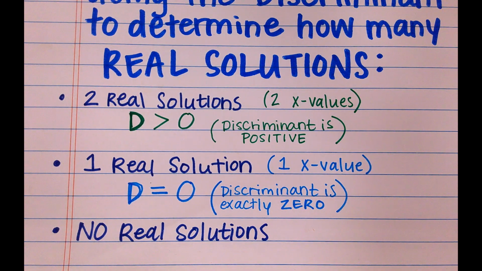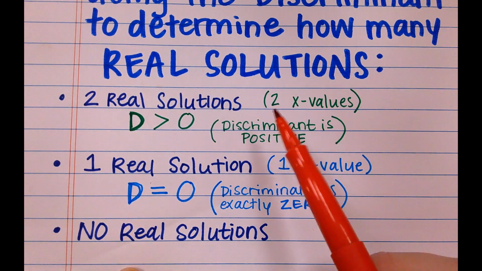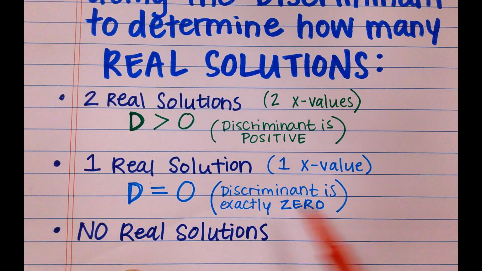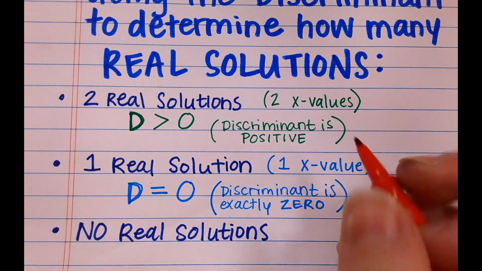And finally, the third option is no real solutions. This is when you would get no x values. It would be like one of those parabolas where we don't have x-intercepts. There's no x-intercepts, no x values, no solutions that are real.